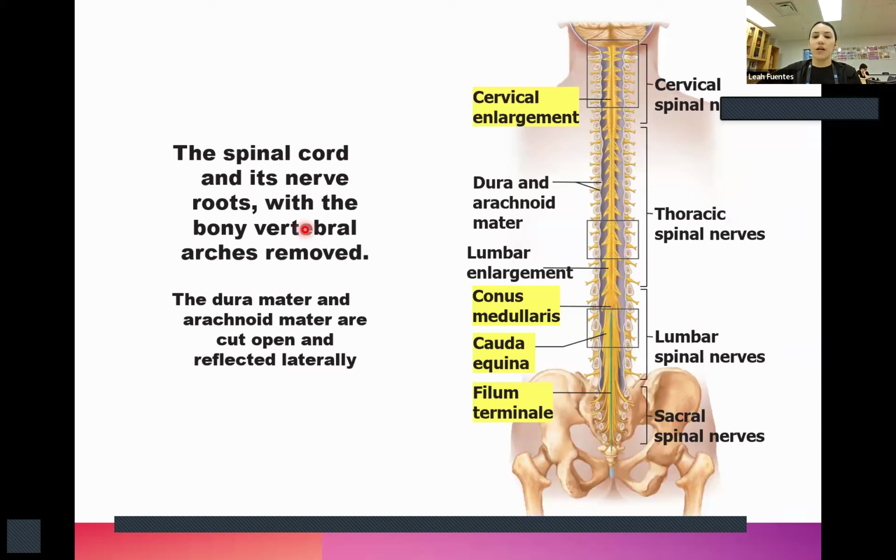Okay, and then we start moving down in our body. So now we're going to talk about our nerves. So here we have our spinal cord and its nerve roots. We have up here our cervical spine, and then right here is our cervical enlargement.